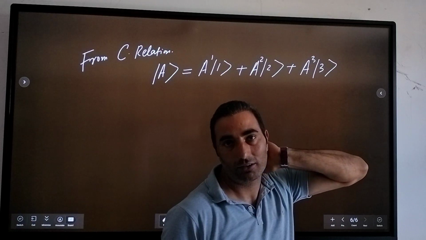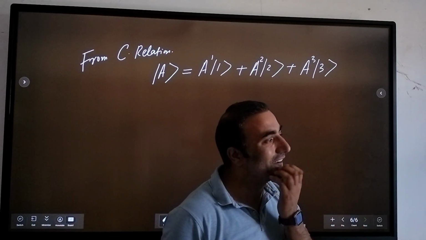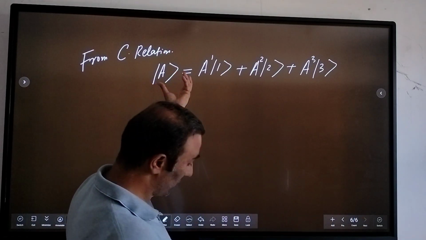So this is what is called the span of the space, right? Any vector can be written. So any vector will define this A.